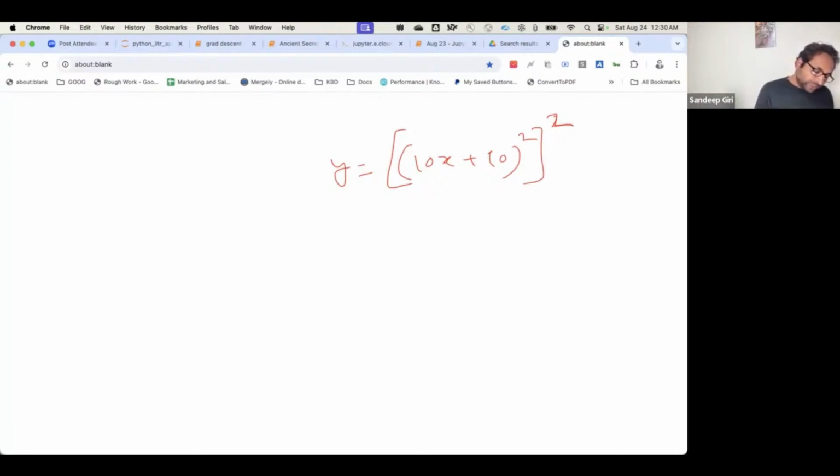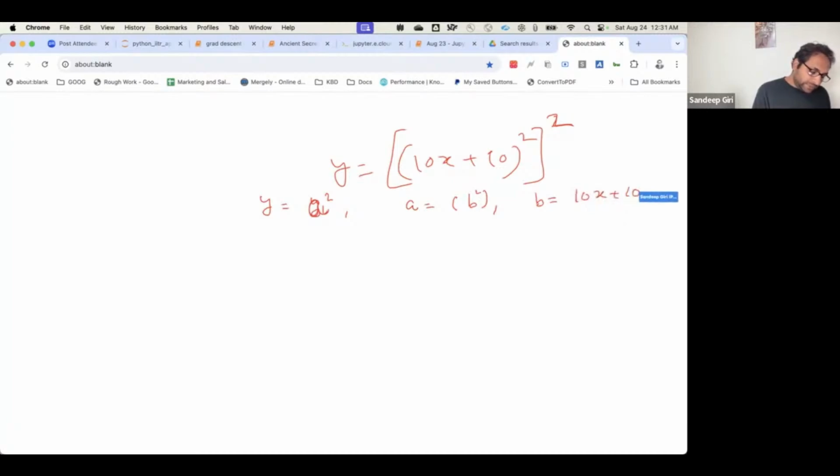Okay, so you can write it like y equal to a square, where a is equal to b square, and b is equal to 10x plus 10, right?